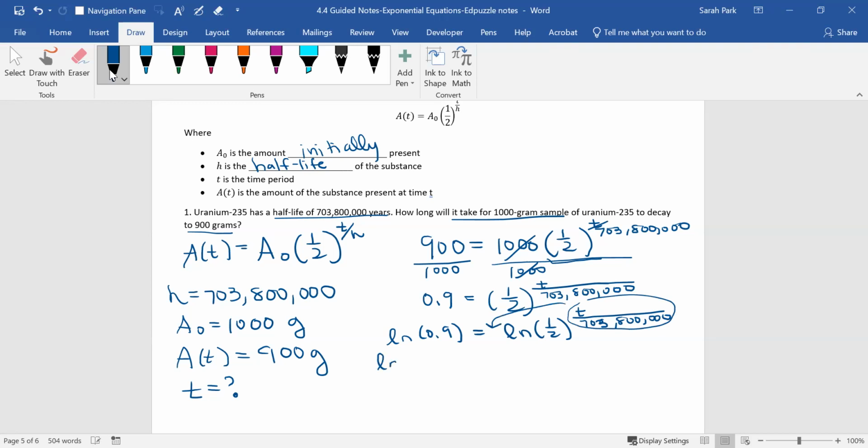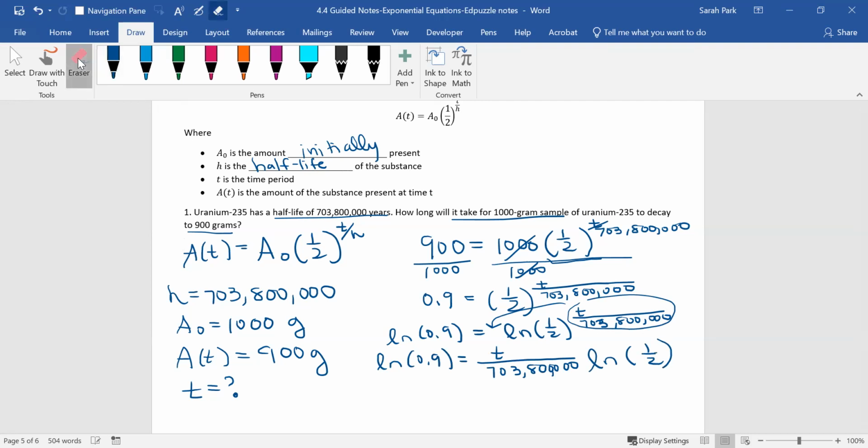So we have ln of 0.9 is equal to T over 703,800,000 times ln 1/2. All right. Actually, let's change that 1/2 to a decimal. It really doesn't matter, but just to keep it consistent with the 0.9, let's make that a decimal.